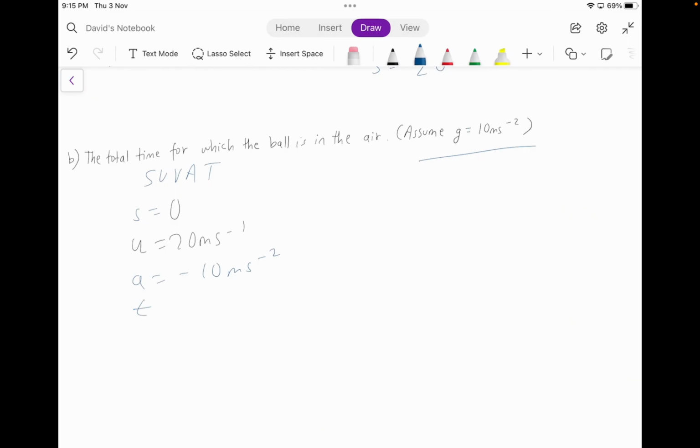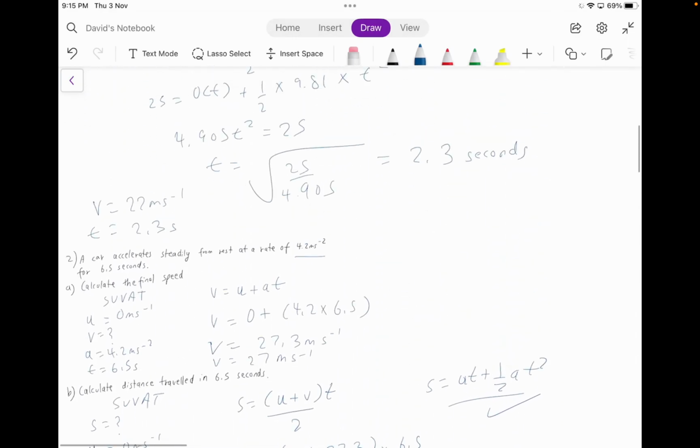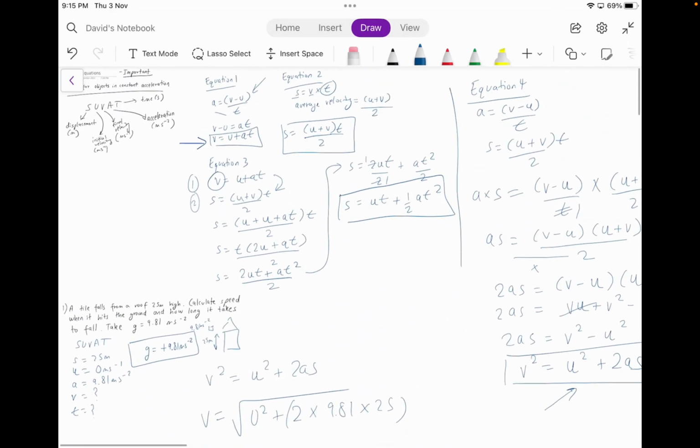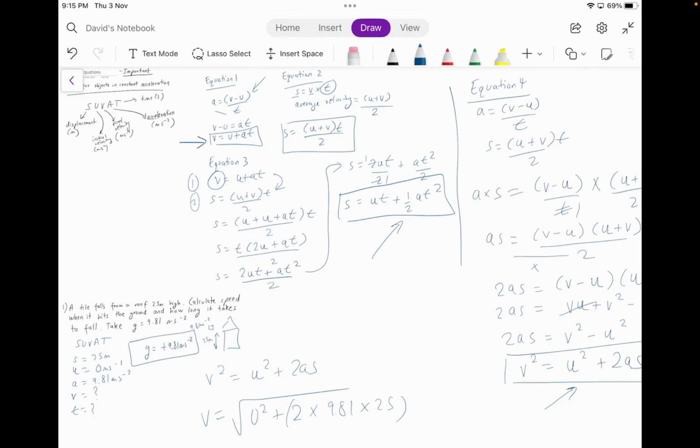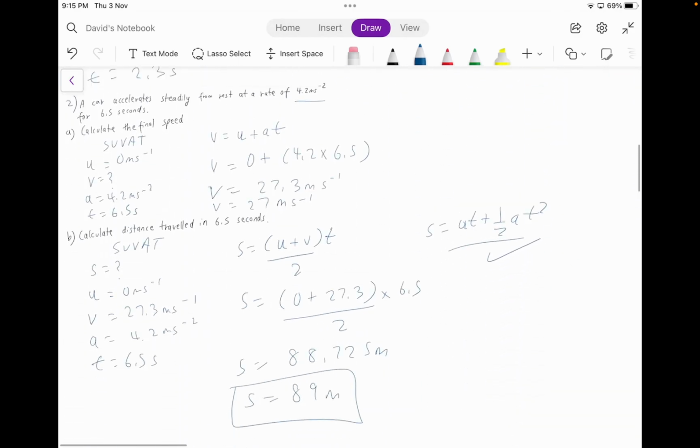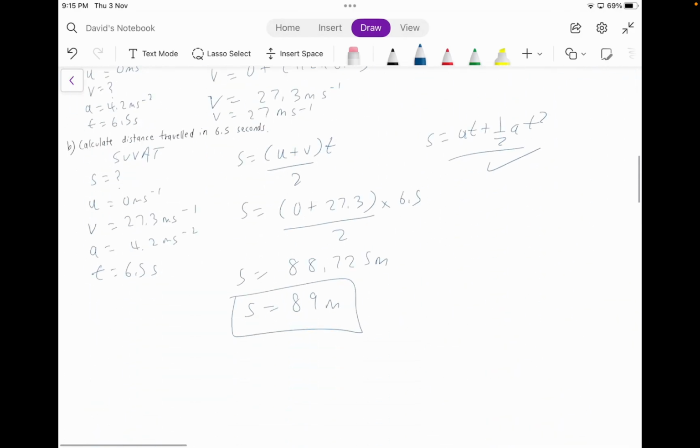And we have to check which equation we can use in order to solve this type of question without using a final velocity. That equation would be equation 3, which does not involve any final velocity. We do have the value of displacement, acceleration, and initial velocity, and we have to find the time, so we can use equation 3 in this case.